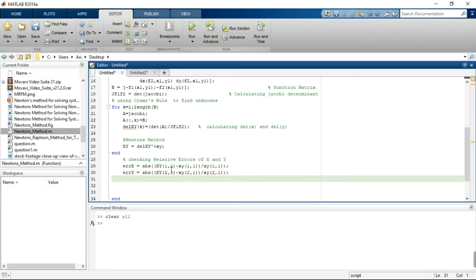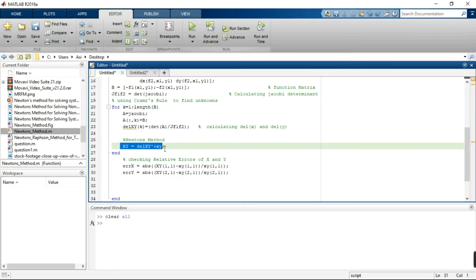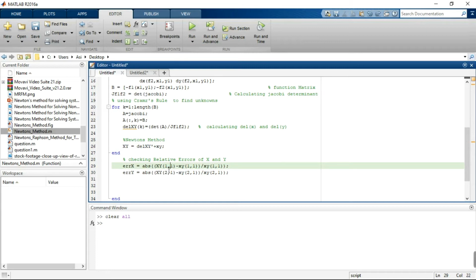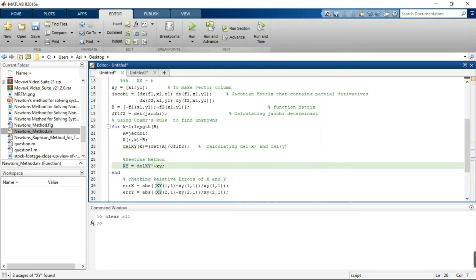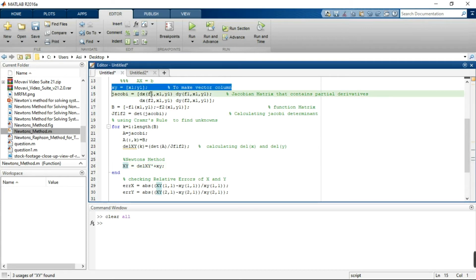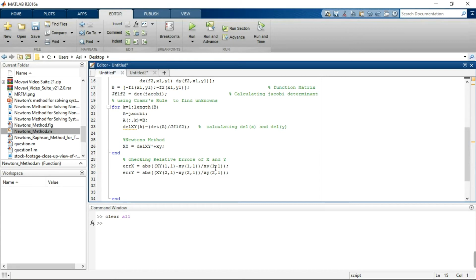So here we have the calculated solution, and this 1 and 1 represents the first entry, minus the previous estimated solution, that is the given solution, divided by the previous solution, and similarly for y, because this is in matrix form.